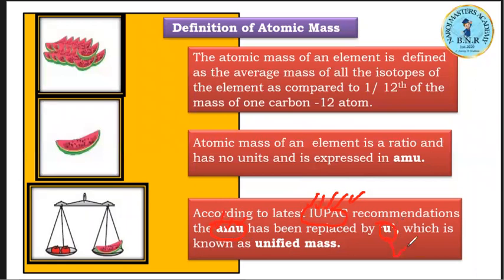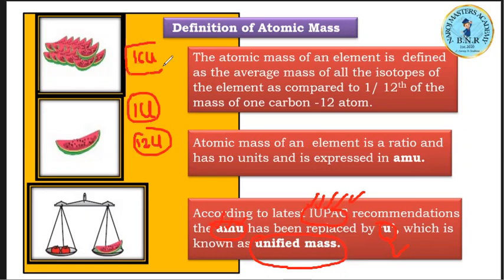Simply, we can write the atomic mass of hydrogen as 1 U, carbon 12 U, and oxygen 16 U. Very, very easy to identify now.